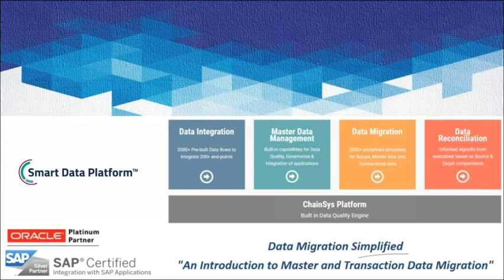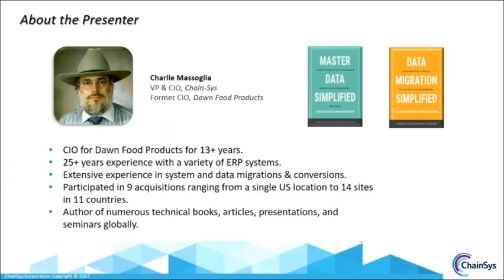Without any further ado, let me take a minute to introduce Charlie. We'll spend some time with the presentation first, and then we'll move on. There he is. Great looking guy. Charlie is the author of those two books that you see up there. Charlie comes to us from Dawn Foods, where he was the CIO for a number of years, and has a tremendous amount of experience in ERP, over 25 years.